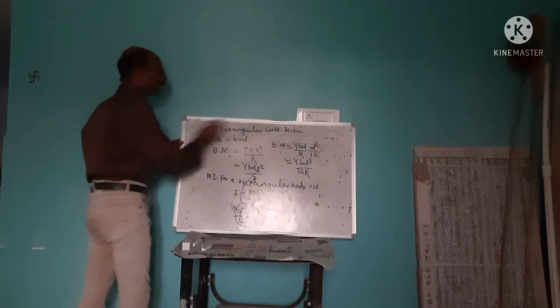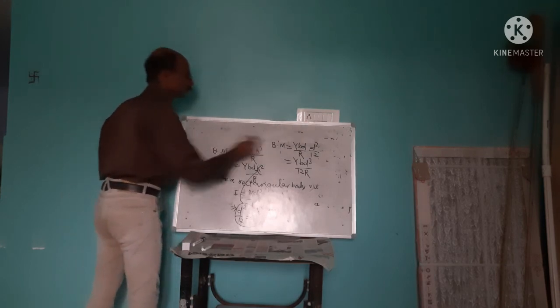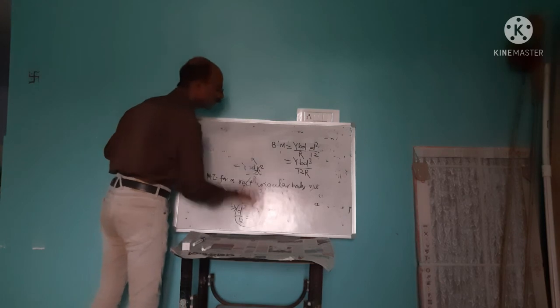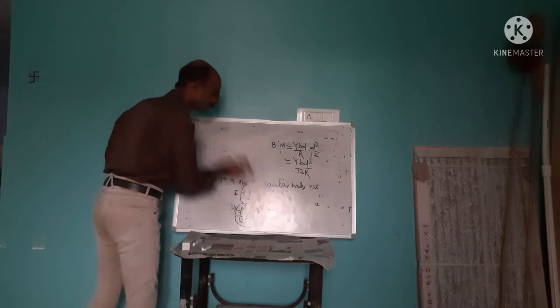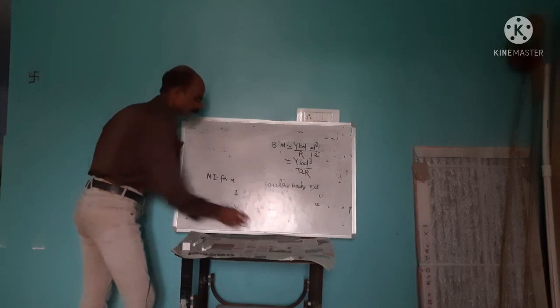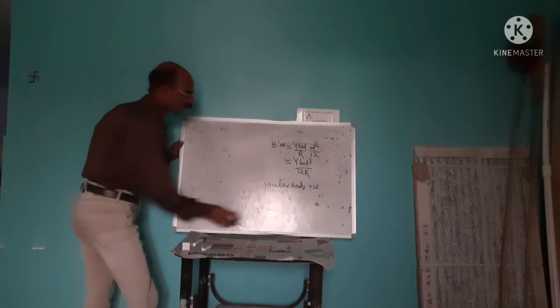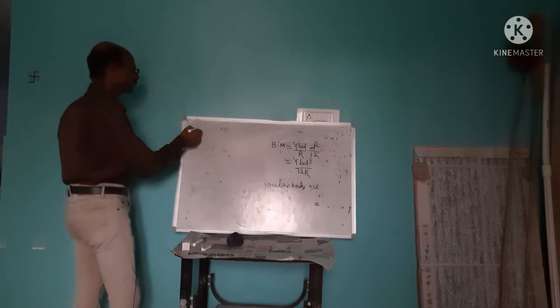Then second case, if it is a rod instead of a bar, then for a rod it is circular cross section.